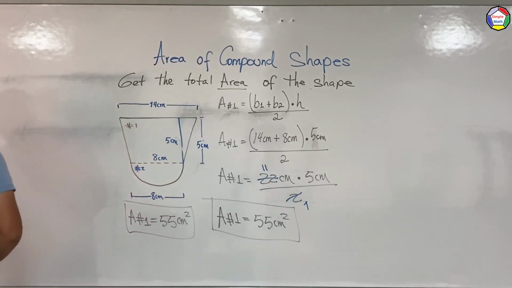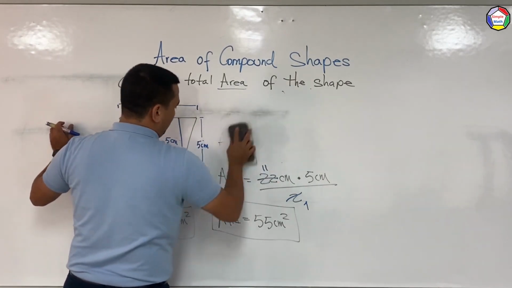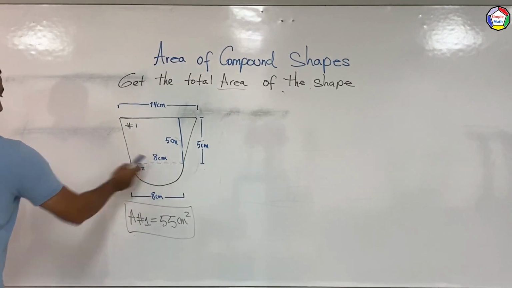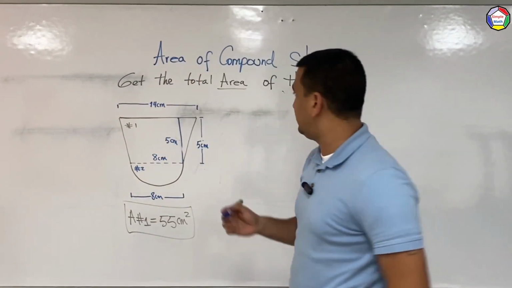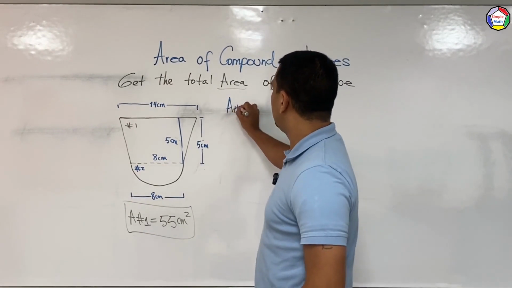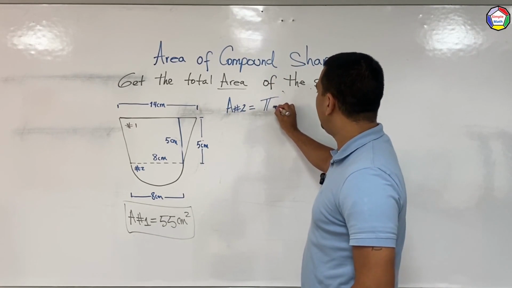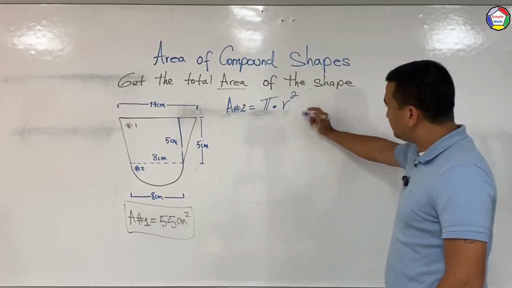And I will do the same thing with shape number 2, which is a circle. Well, half of a circle. Remember the formula of a circle. The area of a circle is pi times the radius raised to the power of 2.